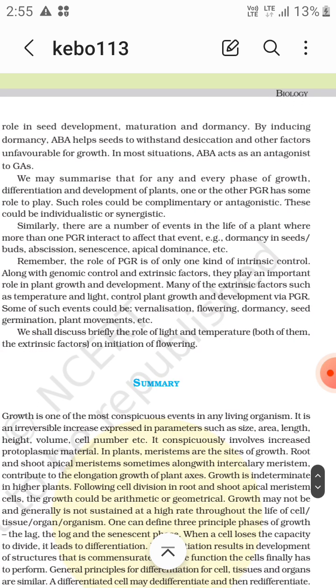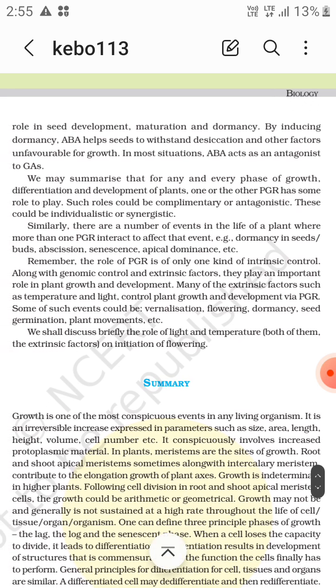For any and every phase of growth, differentiation and development of plants, one or the other PGR has some role to play.